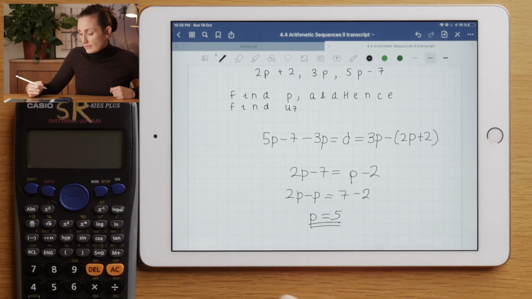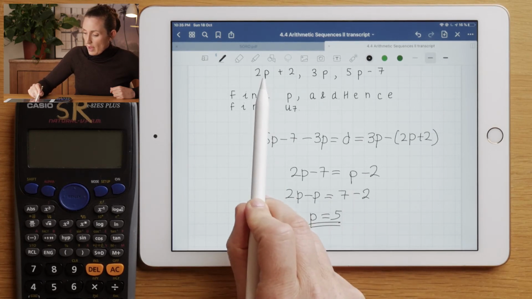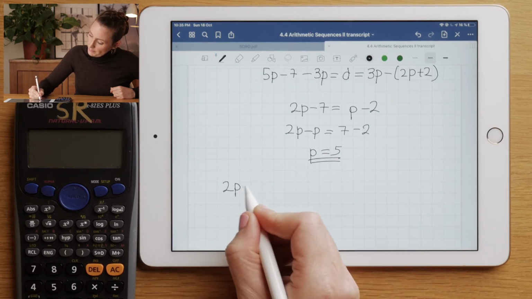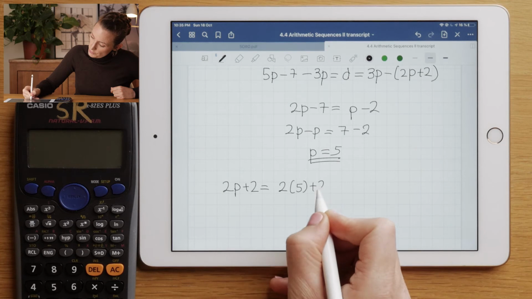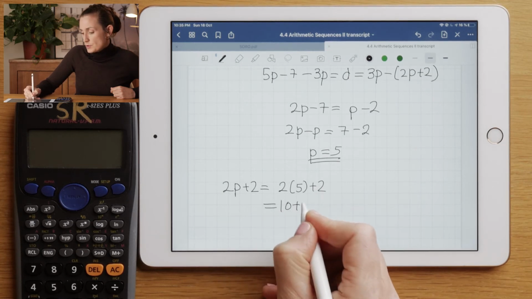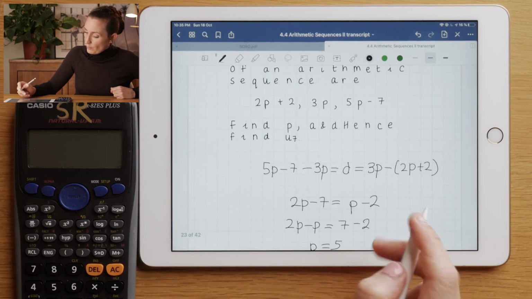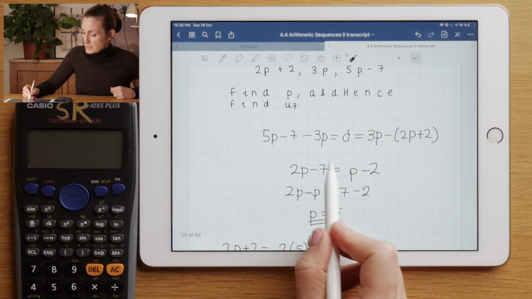If you know that p is equal to 5, you can substitute in 5 here and work out what a should be. So a should be 2p plus 2. So 2 times 5 plus 2, which is 10 plus 2. So a should be 12. Now, if I want to calculate d, I could use any of the expressions for d that I made here.